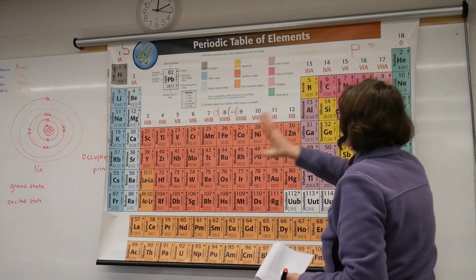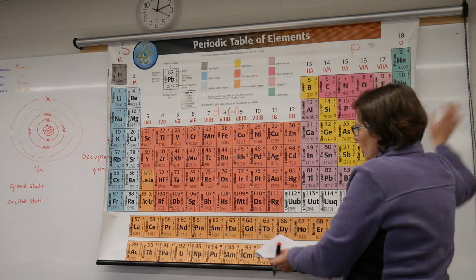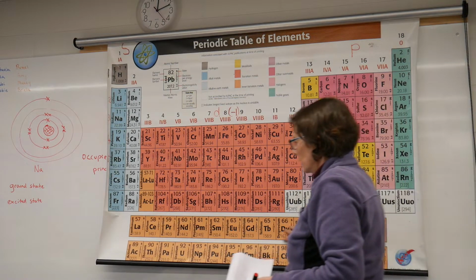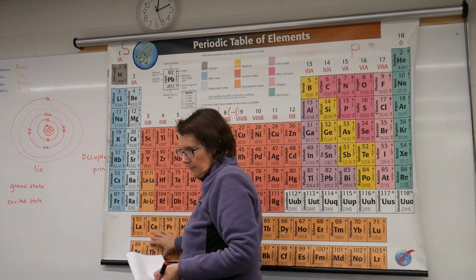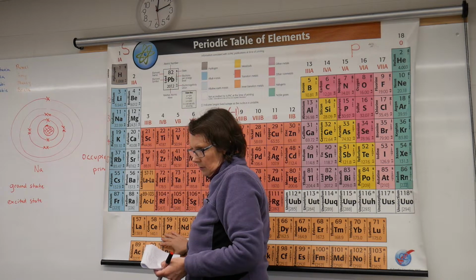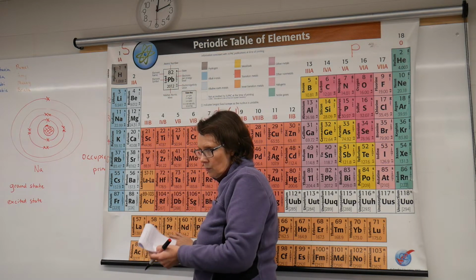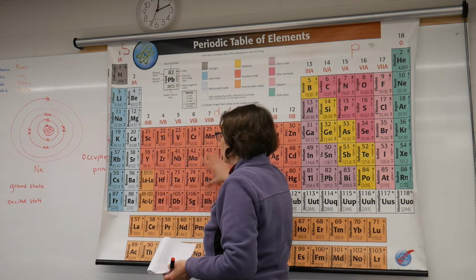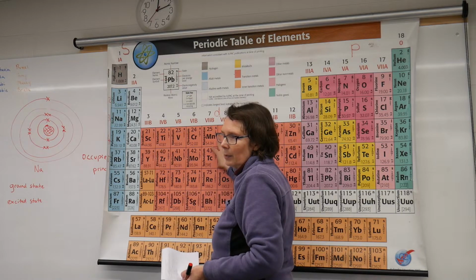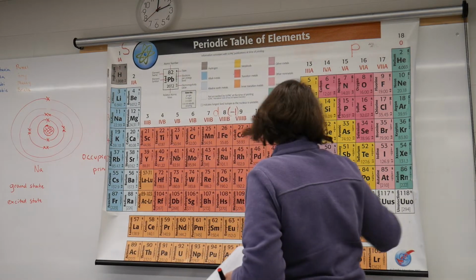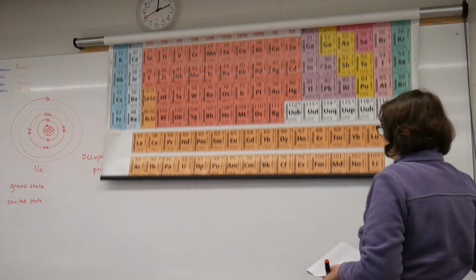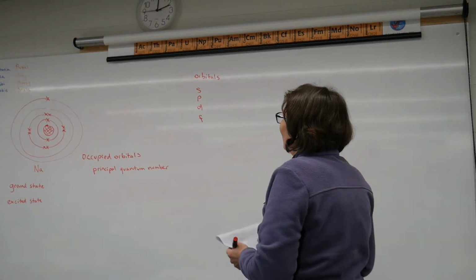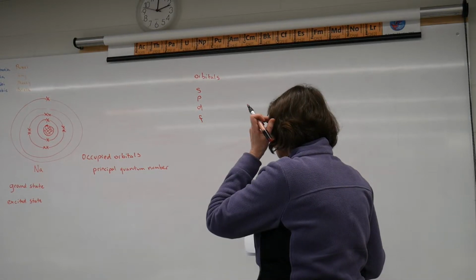You just need to be able to use S, P, D and F. We don't actually use F though, in that the elements down here are, there's so many electrons that we would have to consider that really, if you can show your understanding up here, then it's a waste of time to try and get you to do it down there. Okay, so we now have S, P, D and F orbitals.